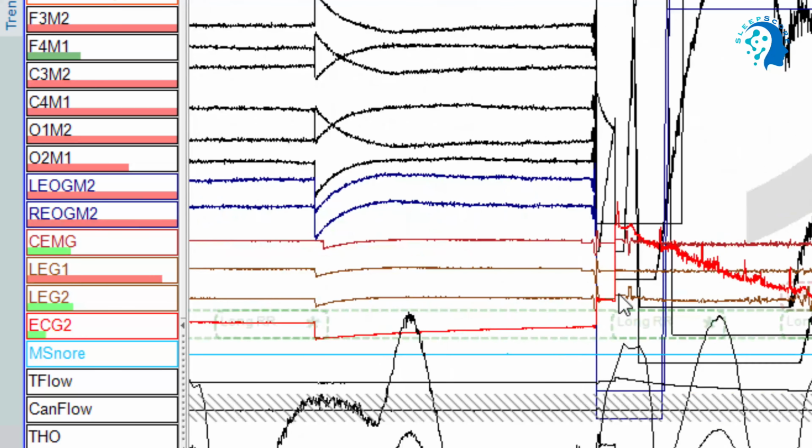And look at this, it changes the signal. You see now this F3 M2 is all red, right? When it is red, this becomes like this. This is not acceptable. That's a bad signal.